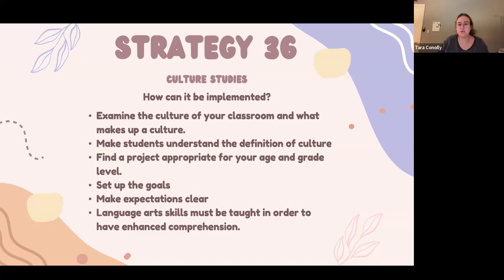It is also important that students understand the definition of culture. You should set up goals and parameters to identify the purpose of the lesson and how the activity should be completed. Teachers are encouraged to be culturally responsive and continuously educate themselves about the cultures of their students. This includes being aware of cultural differences in communication styles, learning preferences, and behavioral norms in order to best support their students.